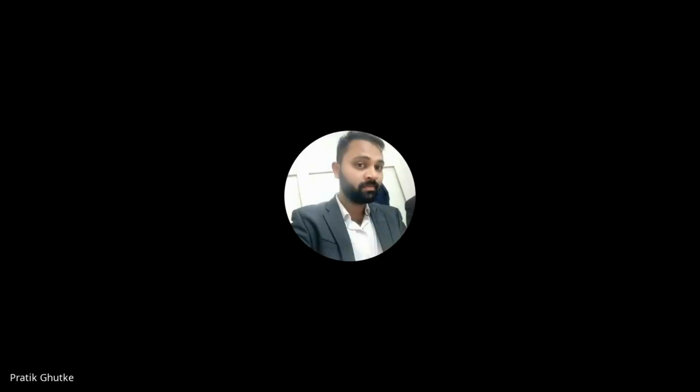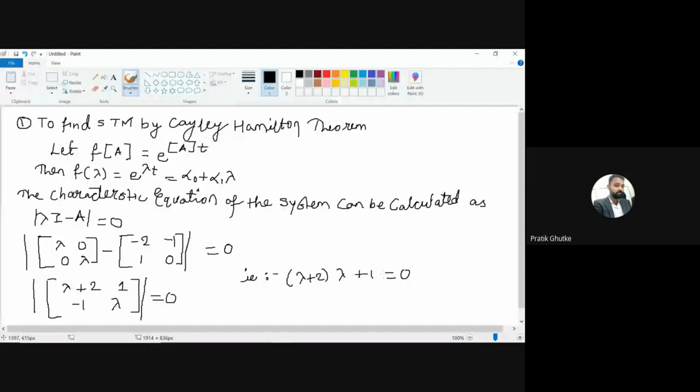By solving the above equation, the values of lambda 1 and lambda 2 will be calculated. So lambda 1 equals -1 and lambda 2 equals -1. These are the values of lambda 1 and lambda 2 that I have calculated.